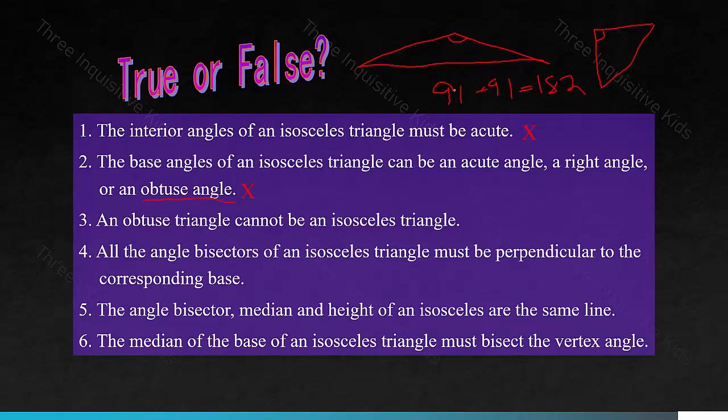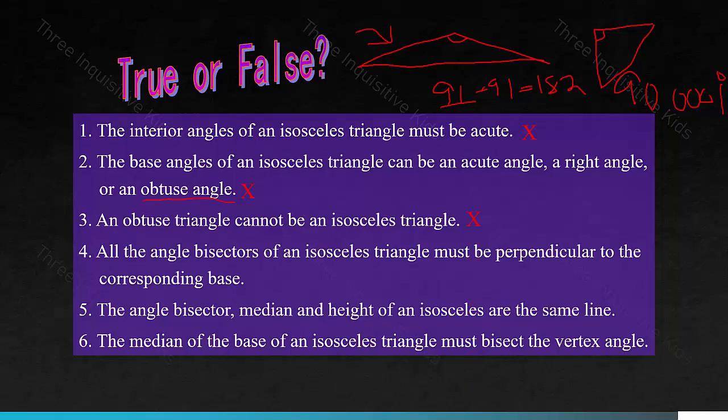And now that I think about it, it doesn't even have to be 91. It could be 90.0001, and then when you add them together, they are still always a little bit greater than the triangle interior sum. An obtuse angle cannot be an isosceles triangle. That is false, because look what we just drew over here.